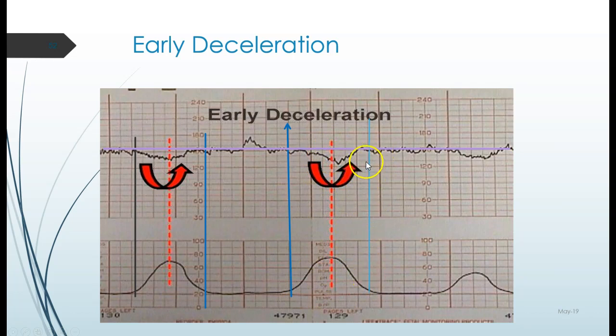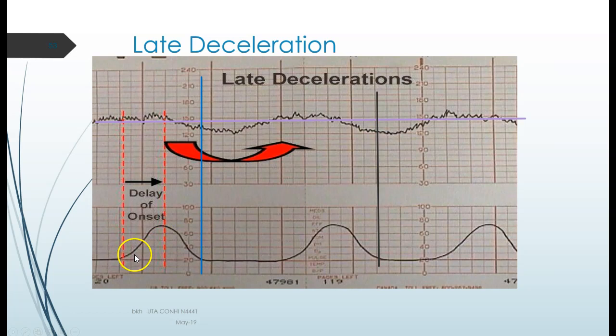Important part of this definition, returns to baseline by the time the contraction's over. Our acceleration tells us we've got a good oxygenated baby. We've got good variability. We've got a lot of good fuzzies on this baseline. Tells us this is a healthy baby. She's progressing in labor. That's all this means. This is a reassuring strip.